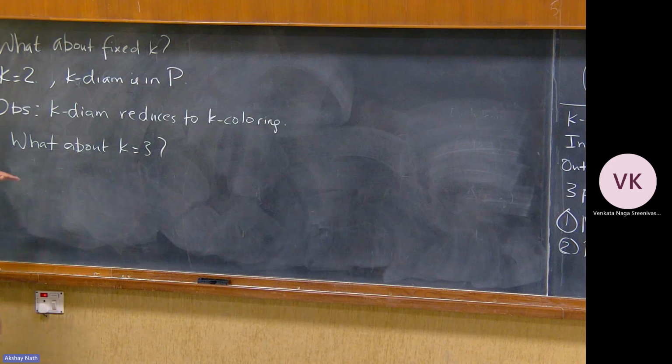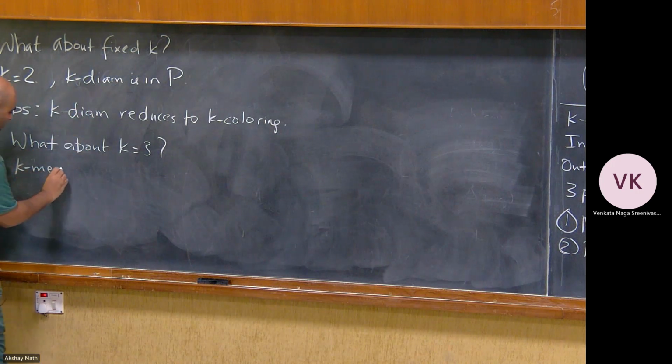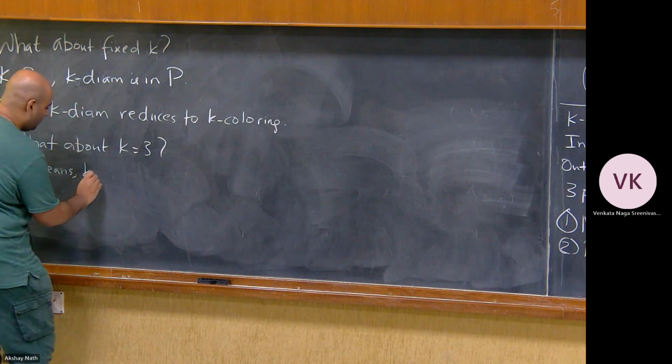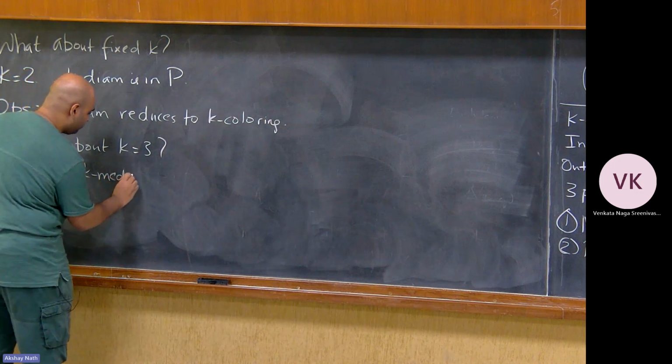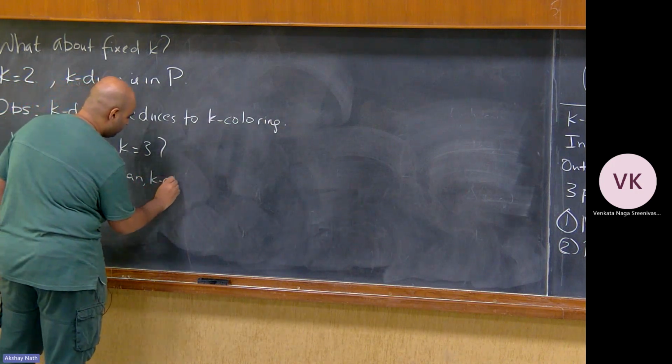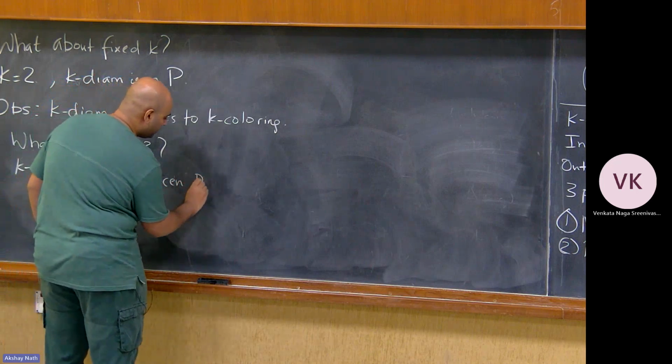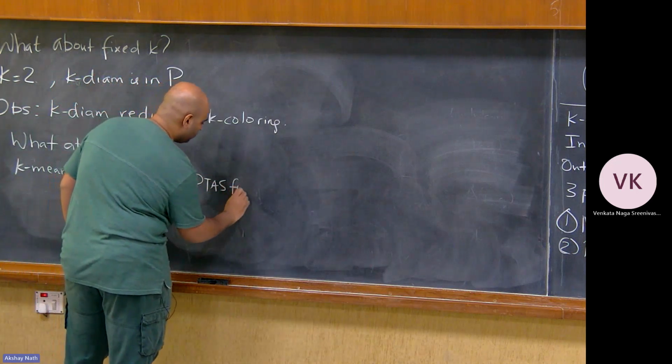So next we can ask, what about k equals 3? You take whichever problem you want: k-means, k-median, k-center. All of them have a PTAS for fixed k.